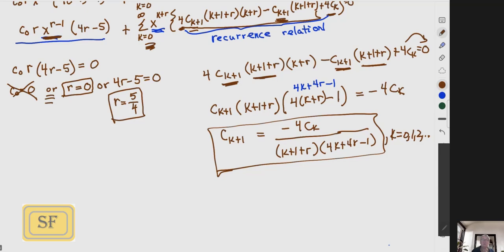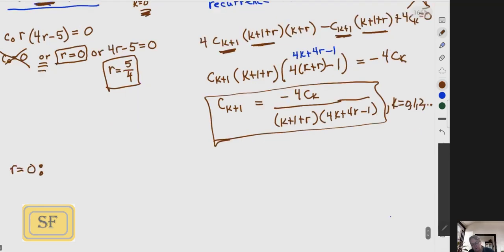So we'll do a few terms, 2 or 3 terms from each of our solutions. We have solutions when r is equal to 0 or r is equal to 5/4. We'll do the nicer one first. We'll do r equals 0.